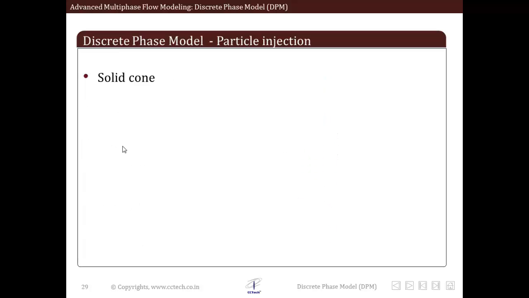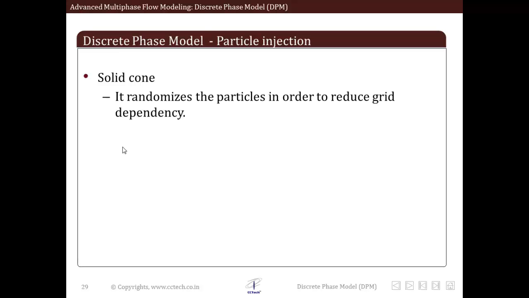Another type is the solid cone type of injection. In solid cone, it randomizes the particles in order to reduce grid dependency. That is, particle parameters are randomized and they can work on any type of grid. Even if we change the mesh for that particular problem, these solid cone injections will work.